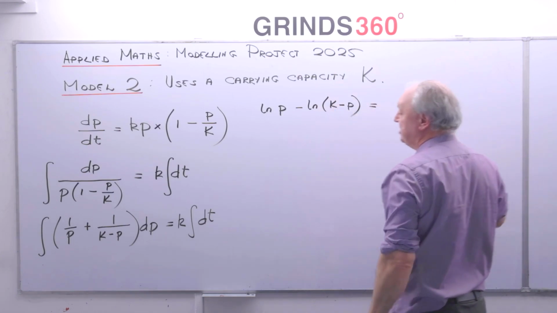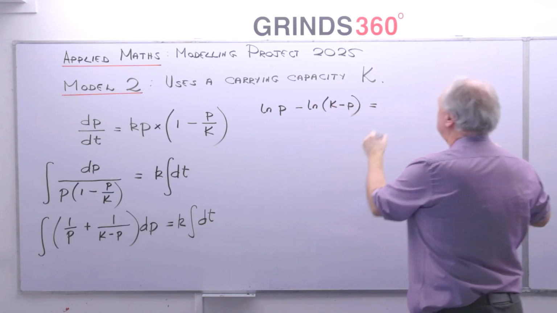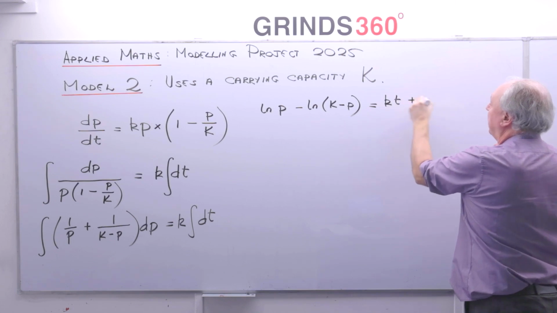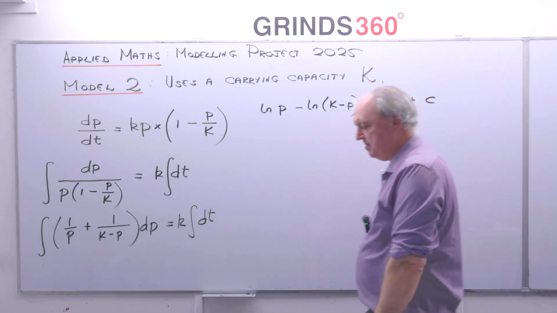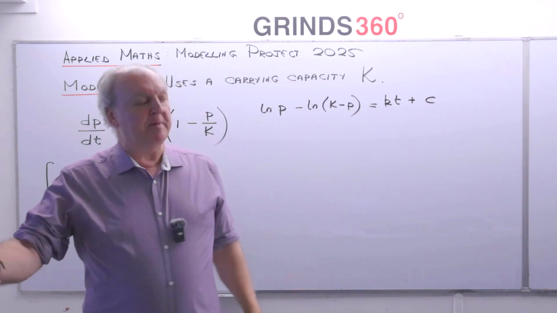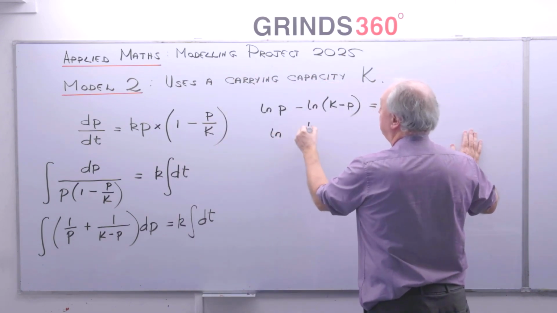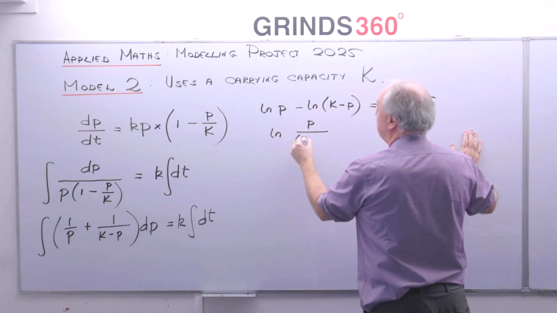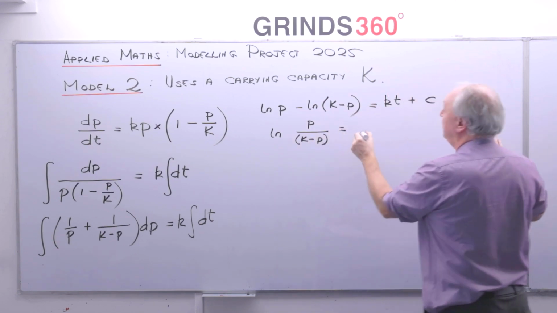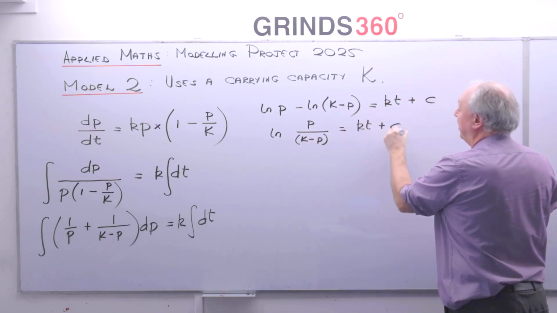And that's equal to the right-hand side, kt plus c. Let me use my log rules. So that equals the log of p over k minus p is equal to kt plus c.